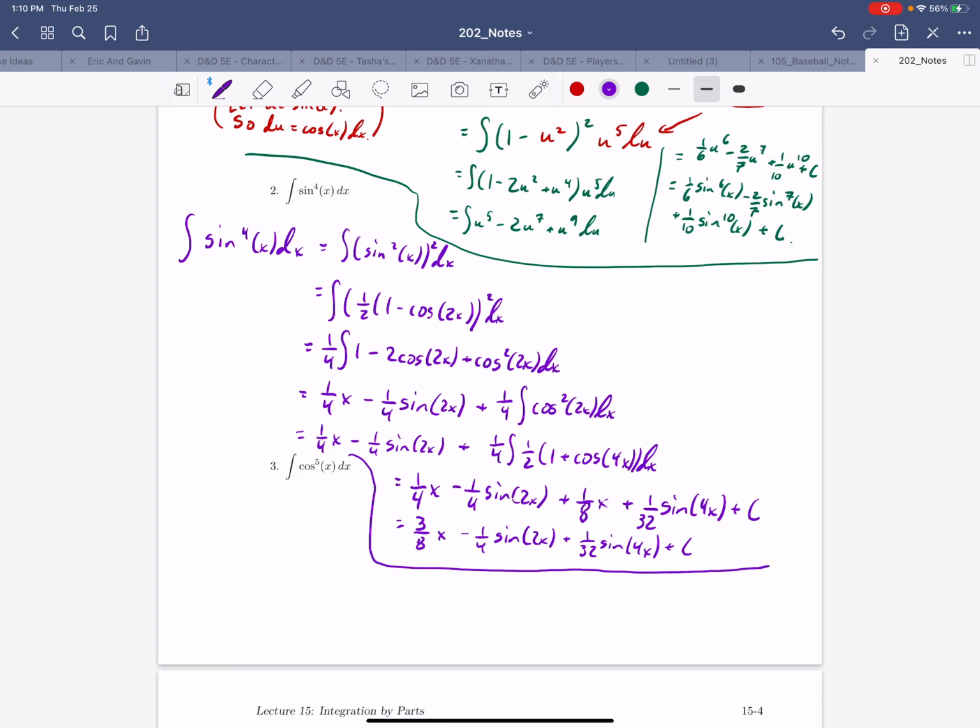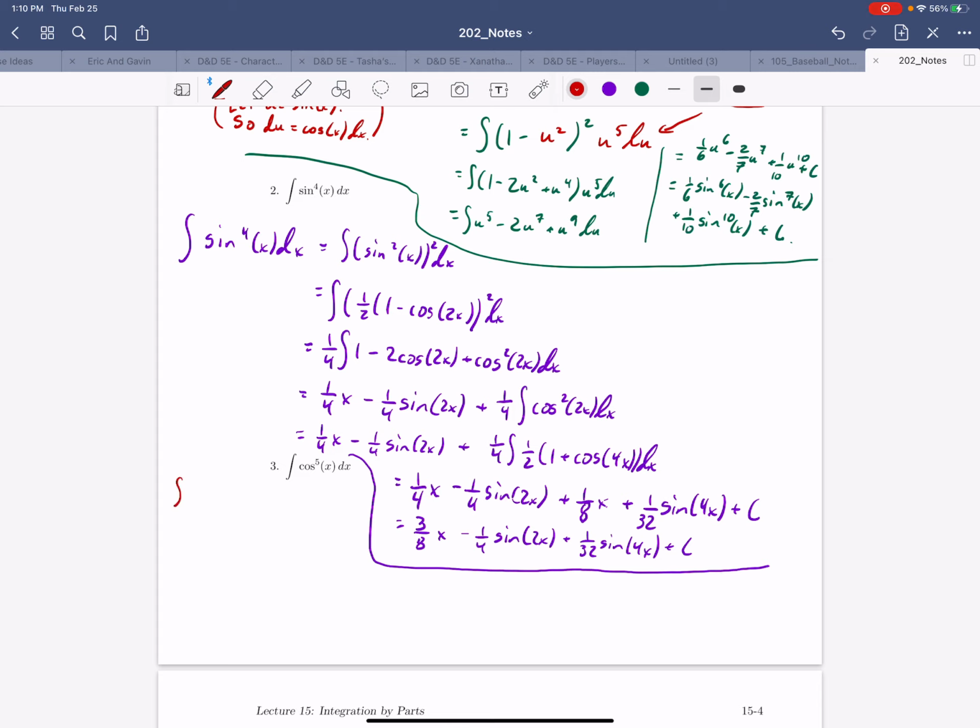Didn't leave ourselves a whole lot of room for number 3, so we're gonna just do it and hope for the best. All right. Now here, there's only one trig function, right? Cosine, but it's raised to an odd power, so we do the u substitution trick.